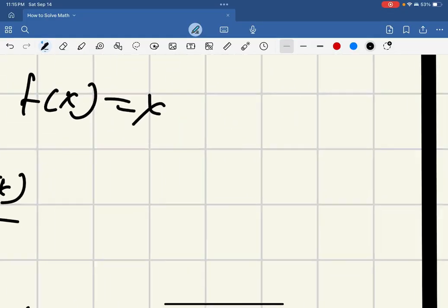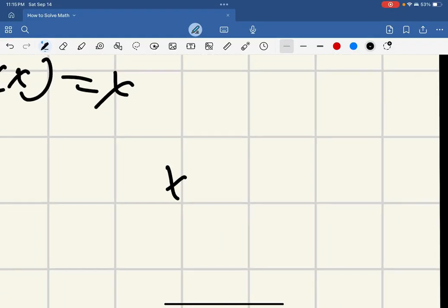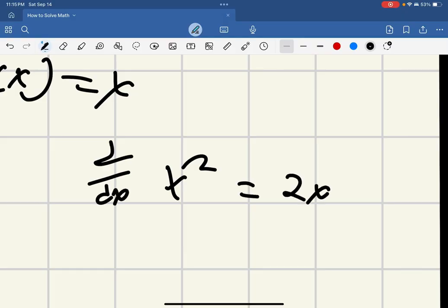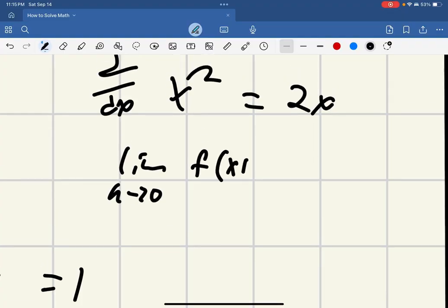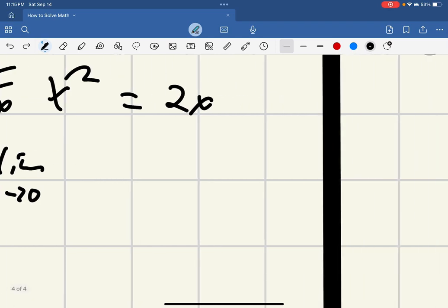On other problems where it's going to be like x squared, right, and the derivative equals 2x, we're going to take the limit as h approaches 0 of f of x. Since f of x is just equal to x squared, here, let me write that right here. f of x is equal to x squared.